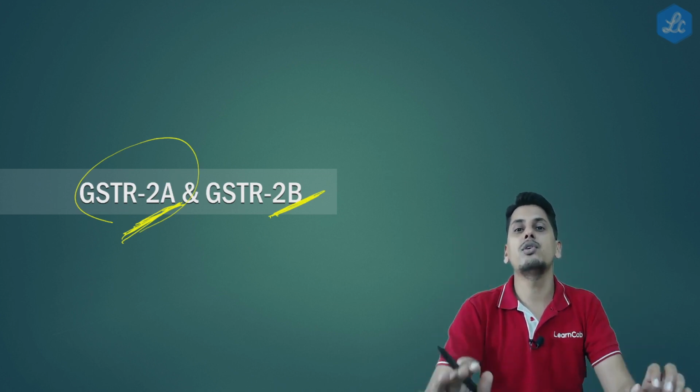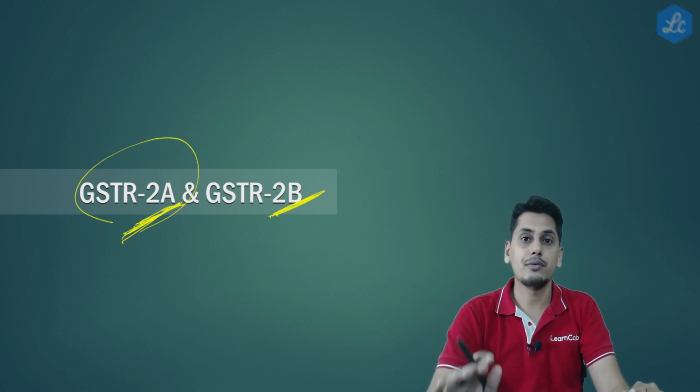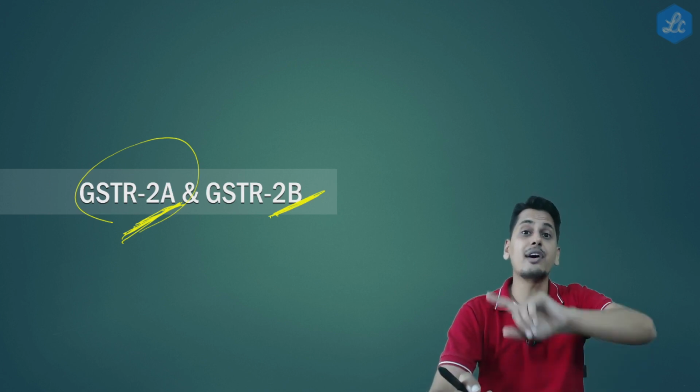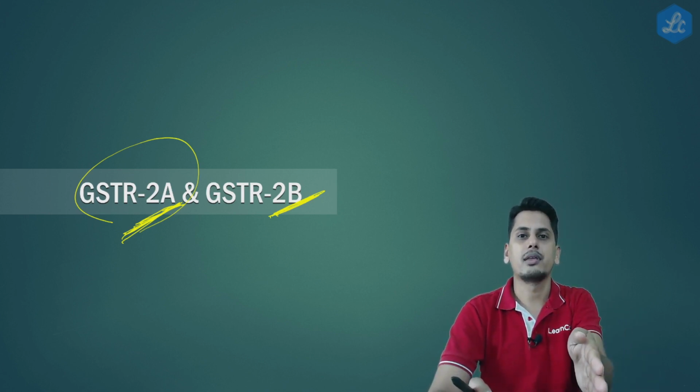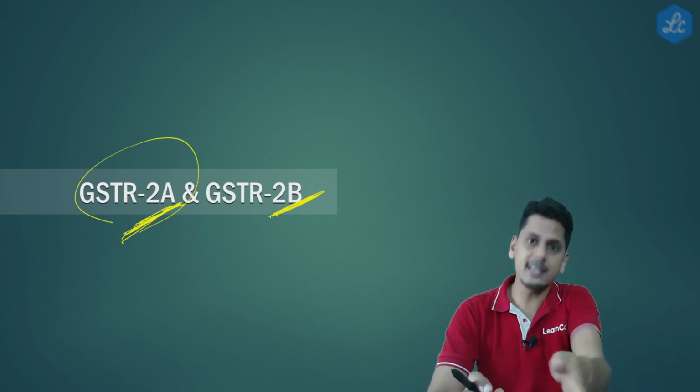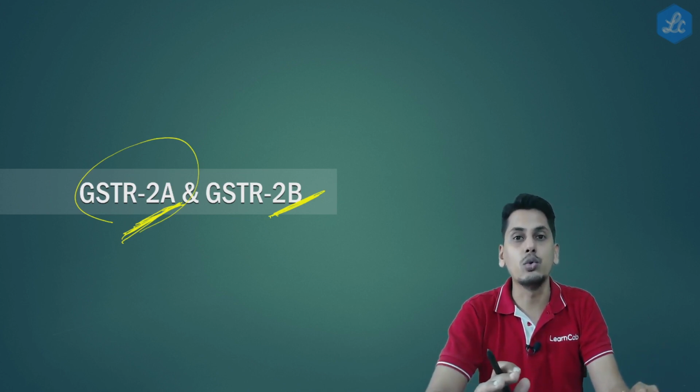GSTR 2B would give you a report of only those particular invoices, the details of which have been furnished by the due date. So there is a cutoff date. If GSTR 1 is filed by this cutoff date, it would appear in this particular tax period's GSTR 2B.